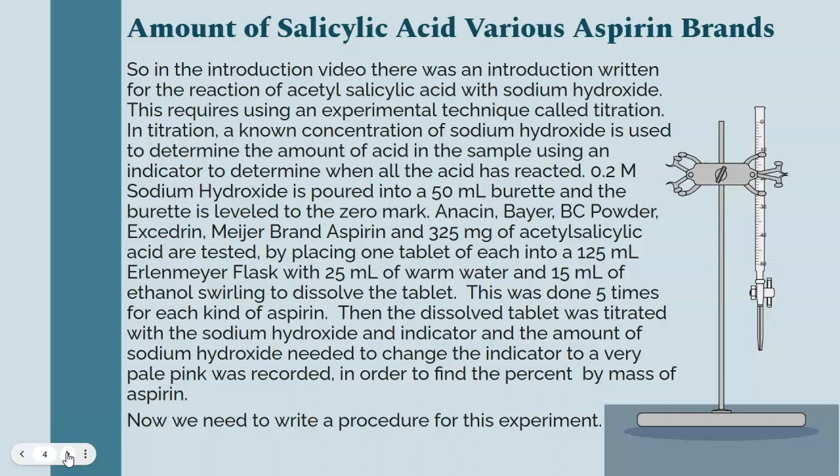And we're going to place each tablet into a 125 milliliter Erlenmeyer flask. That's the conical flask. You'll see one in just a little bit, with 25 mils of warm water and 15 mils of ethanol, swirling to dissolve the tablet fully before we start.